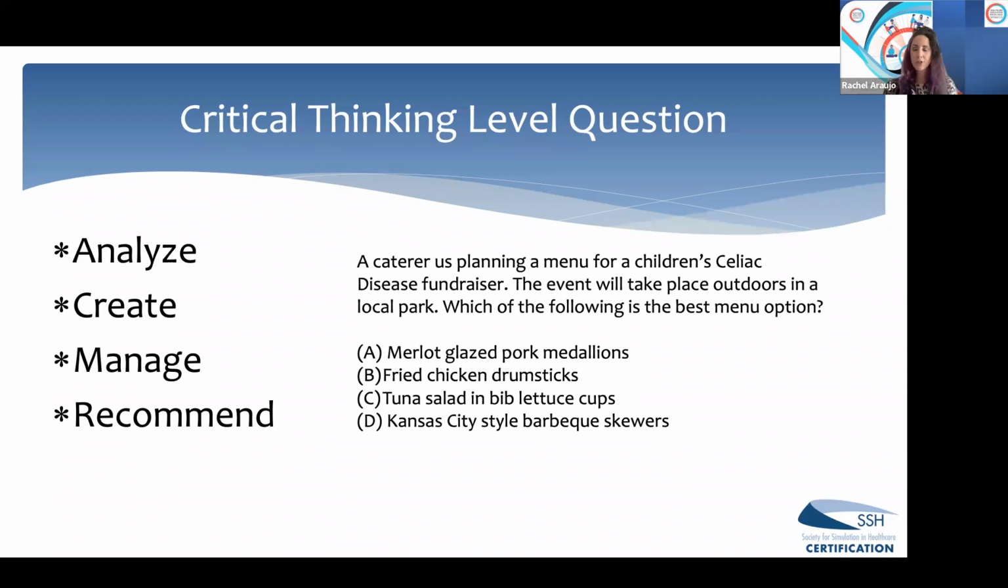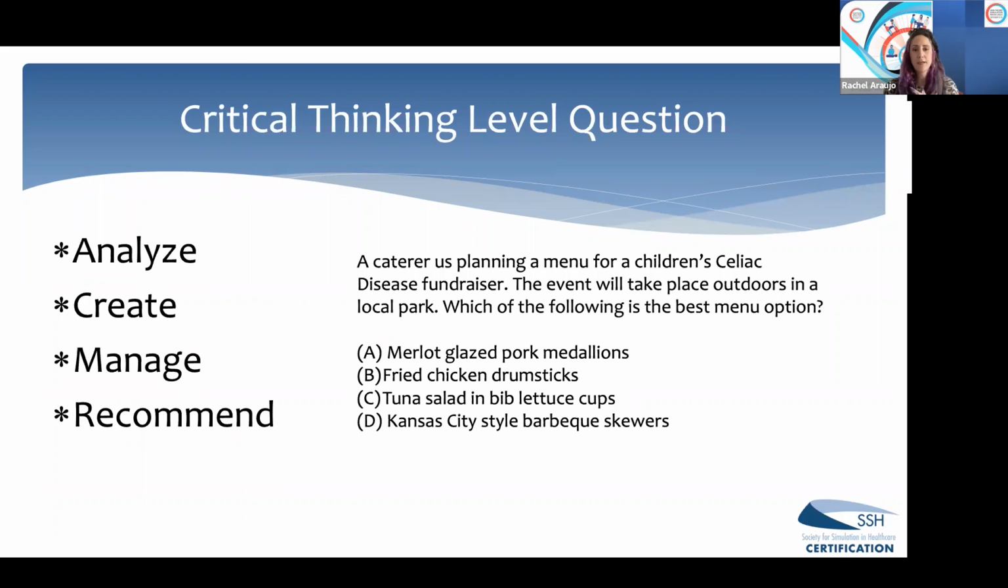And before I get too much into it, I do want to point out that this question is relatively short. There are only three sentences. So critical level thinking questions don't have to be an entire case study. They don't have to be an entire page long. What makes it a critical level thinking question is that if one thing changes in our setup, we might have a different key.